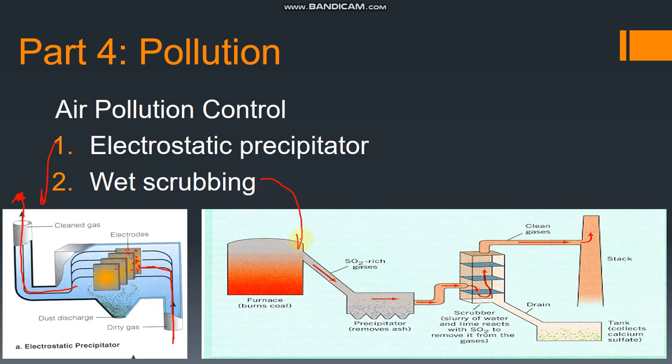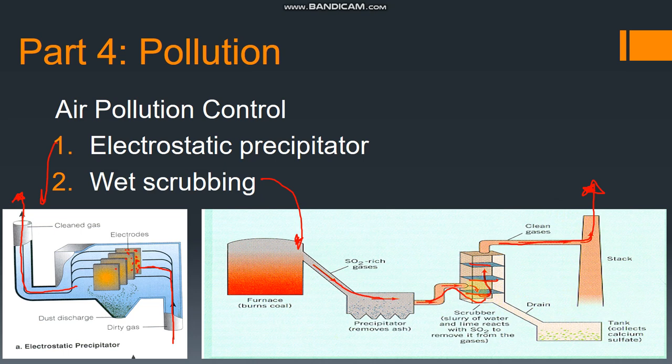And then wet scrubbing systems, like we talked about in the atmosphere unit. When you burn coal, you combust carbon and sulfur, and one gas that could lead to acid rain is sulfur dioxide. So as this sulfur dioxide rich gas is sent through a series of filters dipped in lime, that lime reacts with the SO2, and out comes gas that is rid of SO2.